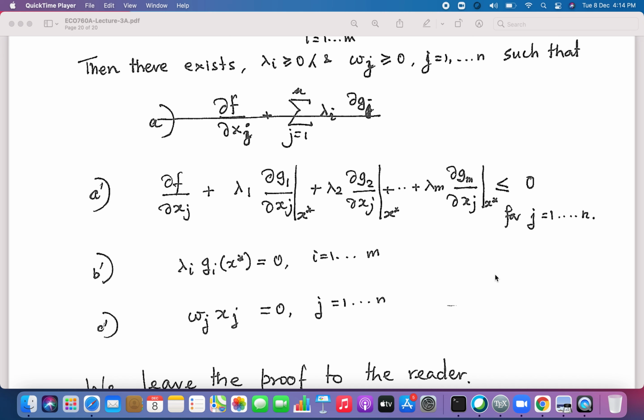So that is the first line, and that is added with del f del x1. So that is what you are seeing here, that these xj's are changing. This lambda 1, lambda 2, they are the same, and these xj's are only changing, all evaluated at the point x star.